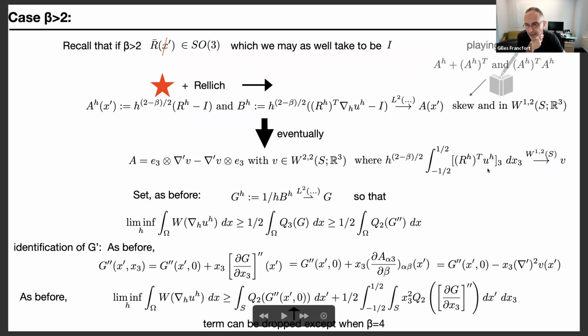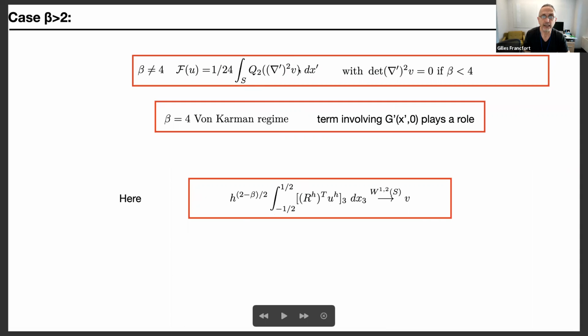So it's a rescaled transverse displacement, which converges strongly in H1 to V, and that involves only this quantity, and it's only a function of the in-plane variable, so it involves this Hessian of that V. And so the model you get is a model like this. So the first line is what happened for beta different from 4.